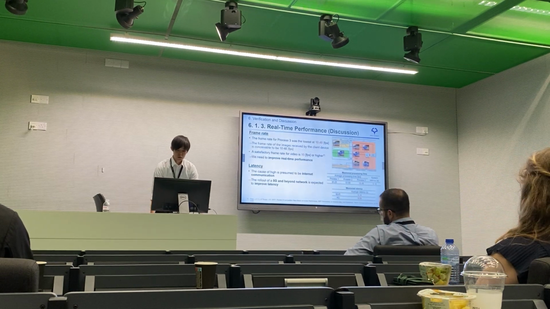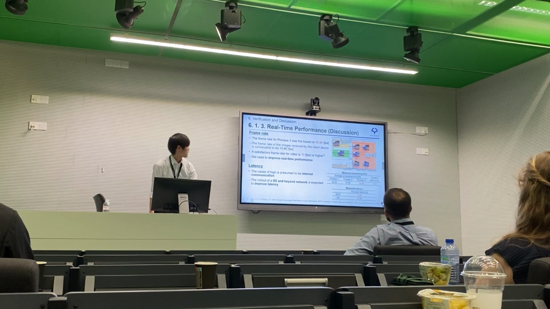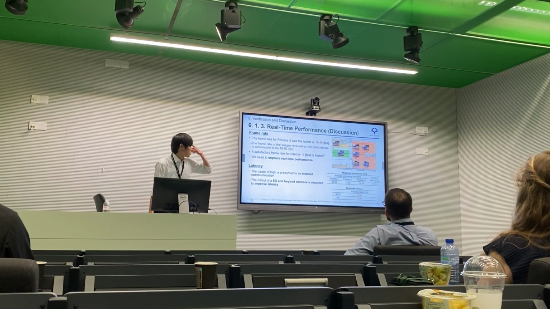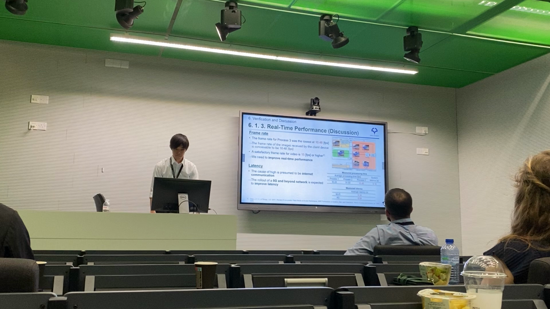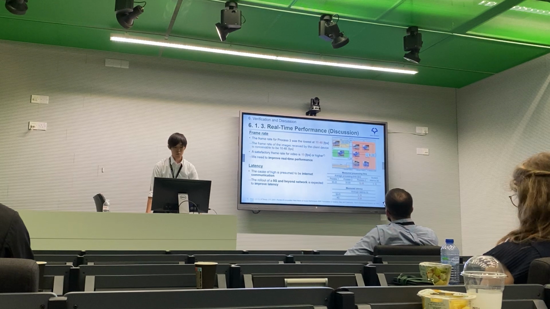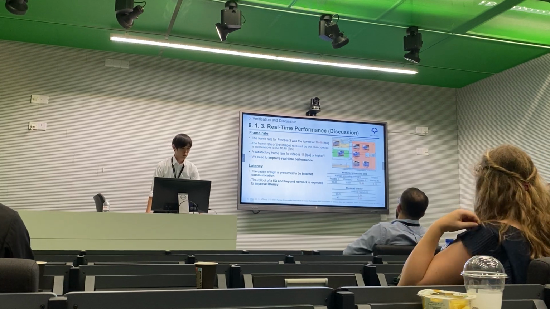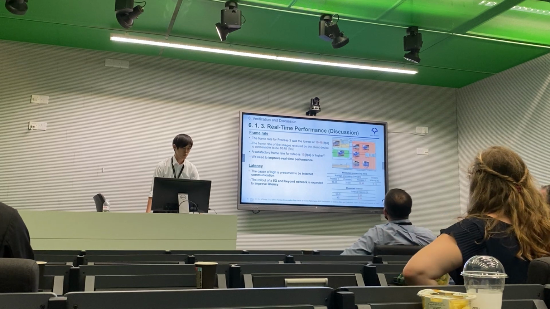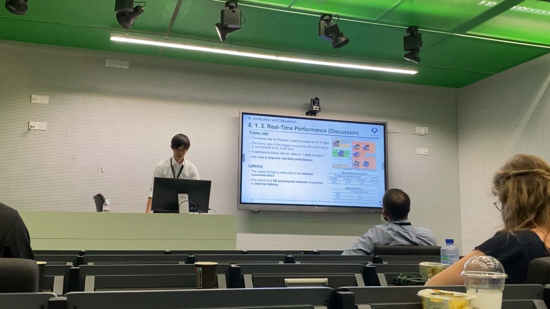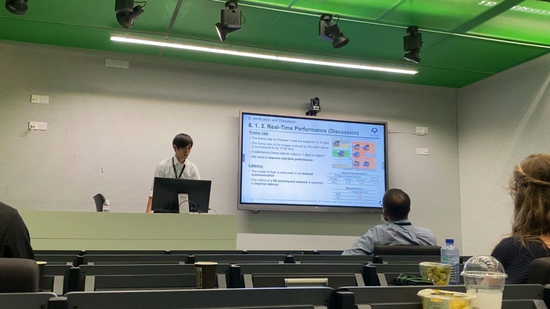The calculation result of the frame rate for each process shows that the lowest is 10.48 FPS. Therefore, the frame rate of the images received by the client device is conceivably 10.48 FPS. However, a satisfactory frame rate for video is 15 FPS or higher. So we need to improve real-time performance.